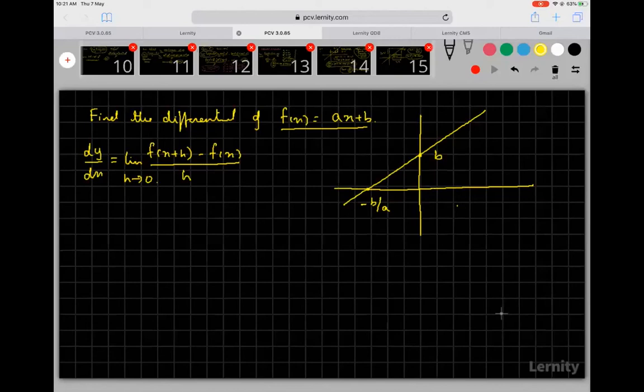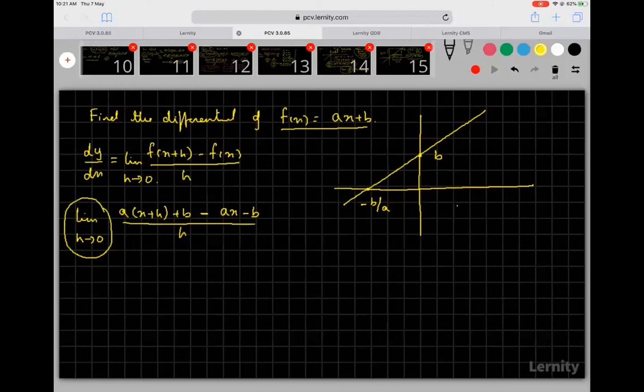Now I will substitute. So it becomes a times x plus h plus b, in b there is no h, no x, so it will just remain as it is, minus ax minus b, by h, limit h tending to 0. This is only reminding me that h is a very small number. H is not 0.